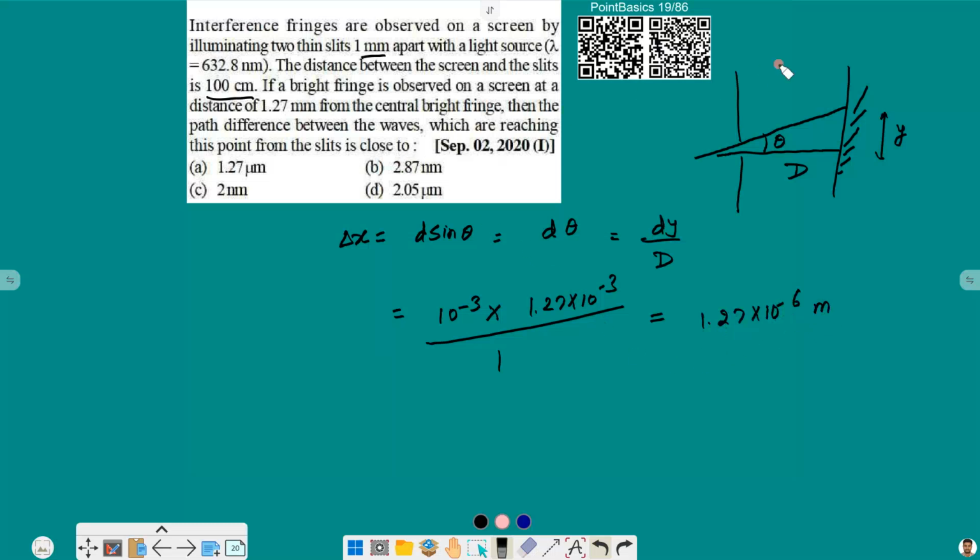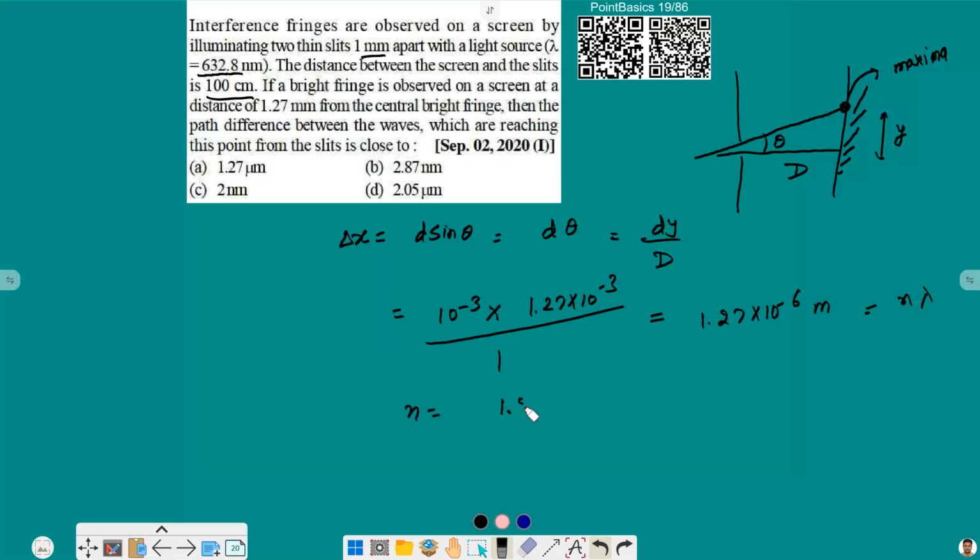Now as mentioned, this is a point of maxima. For maxima we know that path difference should be equal to n times lambda, and lambda is here 632.8 nanometer. So from this we can calculate n.